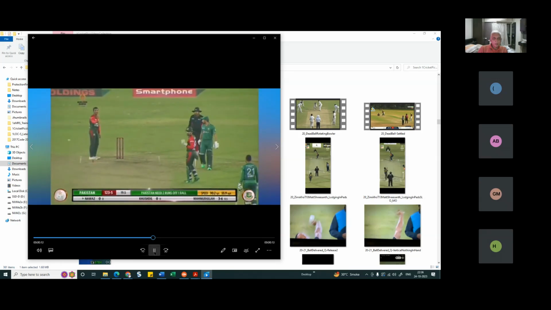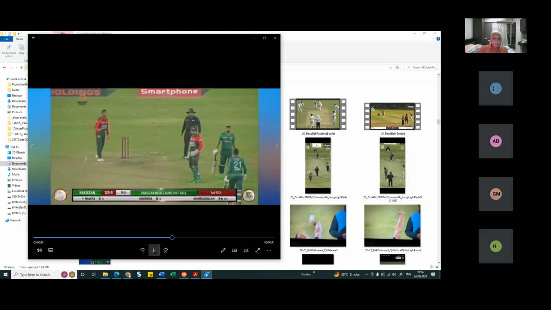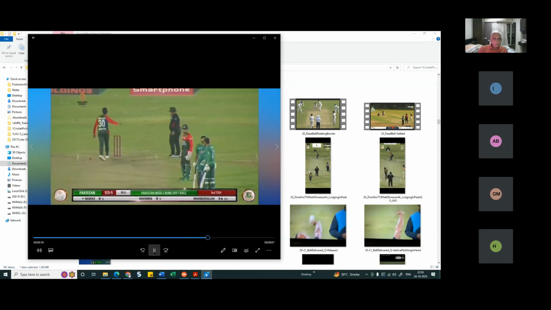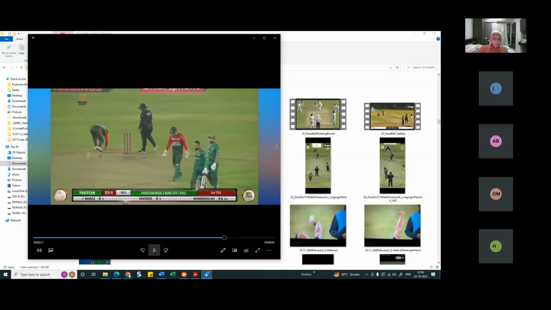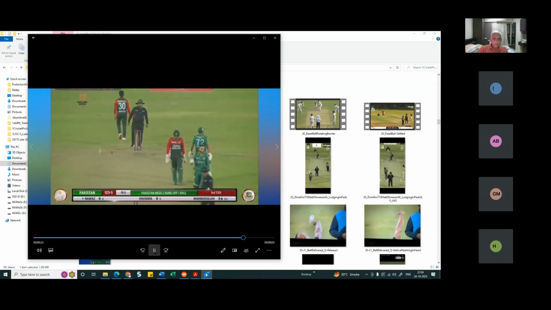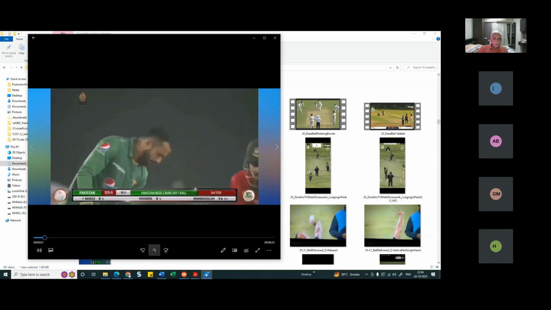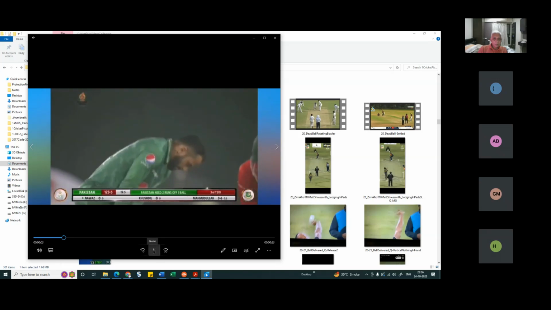The umpire has called dead ball. He has signaled dead ball. Now look at it again.